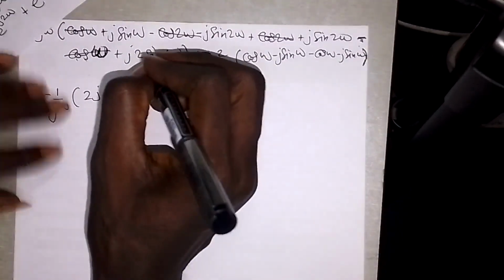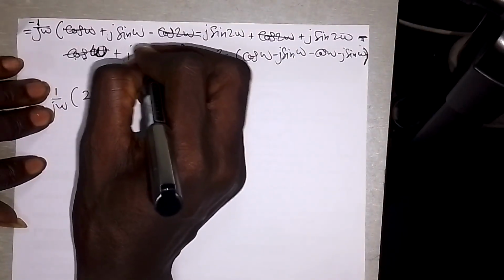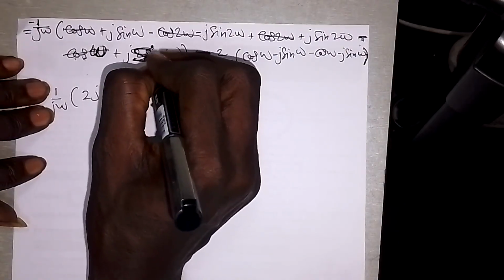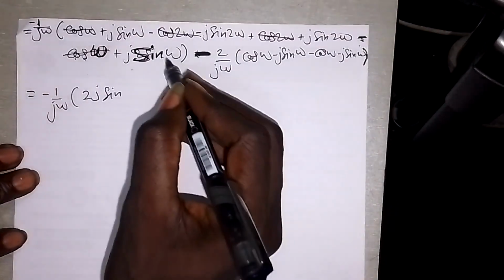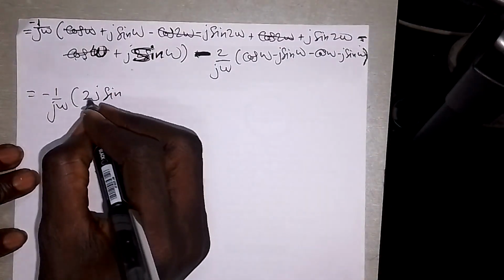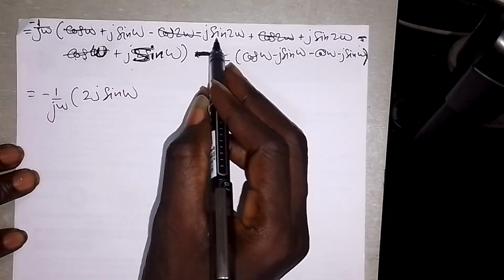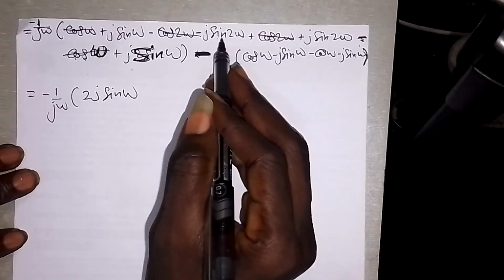So please, this place is j sine omega. So now I will have 2j sine omega.